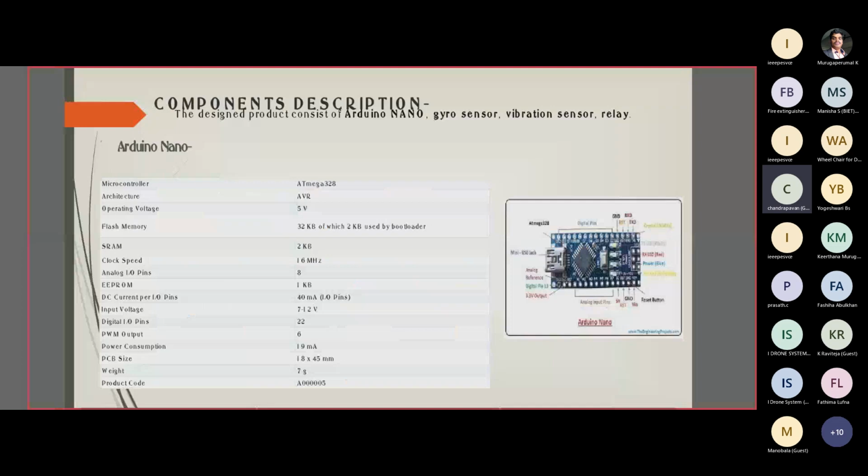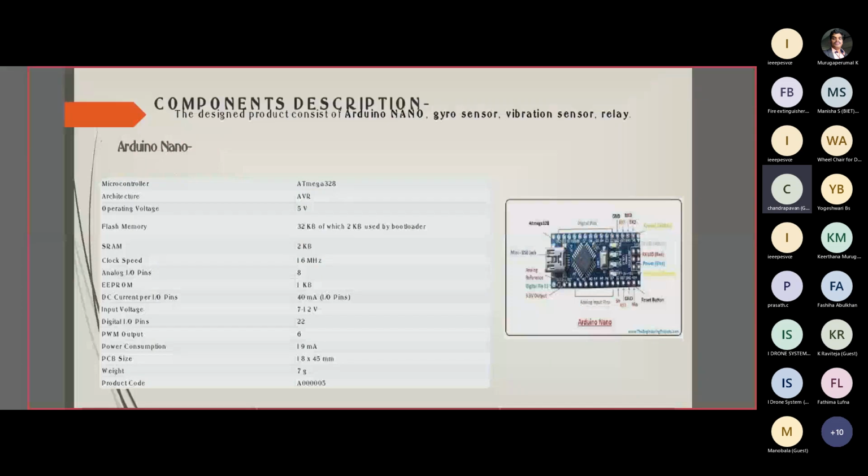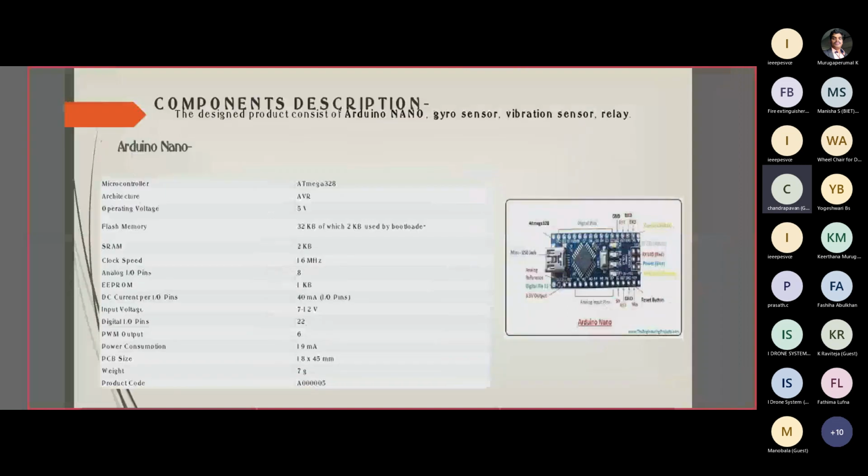Good morning. Here I am going to explain about the working and specifications of the controller and sensors. Here you can see we have used Arduino Nano as microcontroller. Its operating voltage is 5 volt, and we have used Arduino IDE software to code the programs for particular sensors. It's gyro sensor. The model of our gyro sensor is MPU6050.